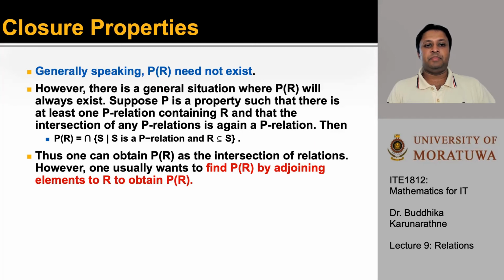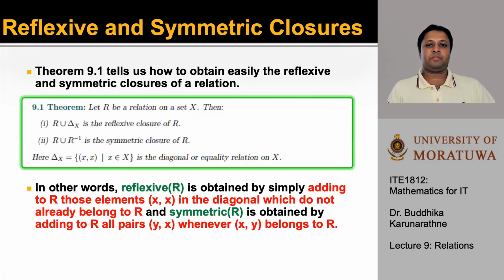So this is written as P(R) equals the intersection of all S, where S is a P-relation and R is a subset of S. So thus, one can obtain P(R) as the intersection of relations. However, one usually wants to find P(R) by adjoining elements to R. So it depends on the different relations and properties you need to incorporate.